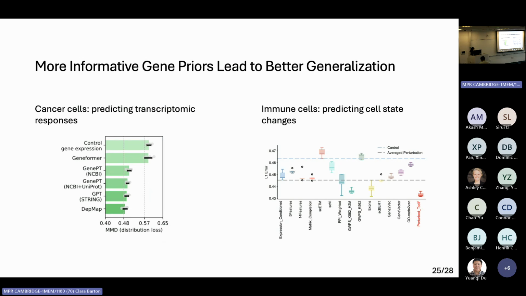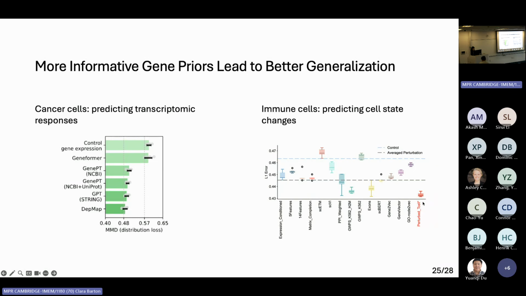Also, I want to comment on comparing different methods in terms of predicting the perturbation changes. In the cancer cell cases, I've shown you this plot before, and you can see how different biological priors compare. And in the immune case as well, we also benchmarked a lot of different methods of representing the genes.